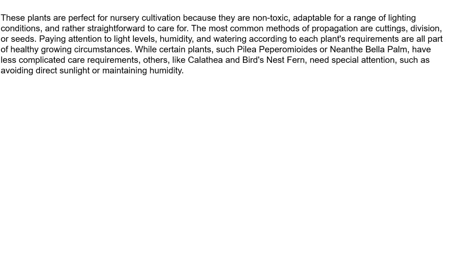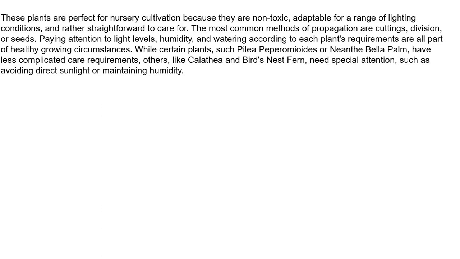These plants are perfect for nursery cultivation because they are non-toxic, adaptable for a range of lighting conditions and rather straightforward to care for. The most common methods of propagation are cuttings, division or seeds. Paying attention to light levels, humidity and watering according to each plant's requirements are all part of healthy growing circumstances.